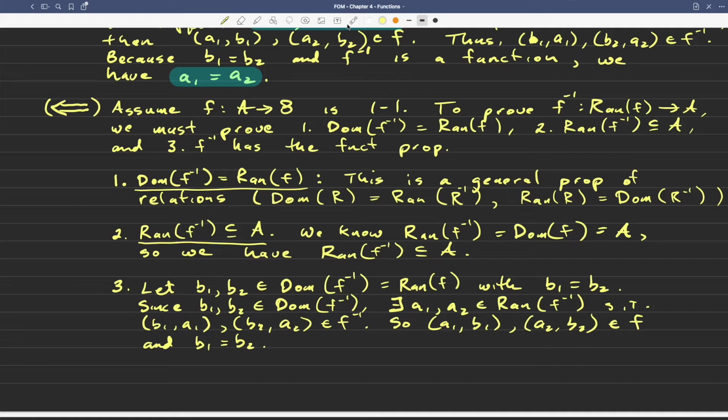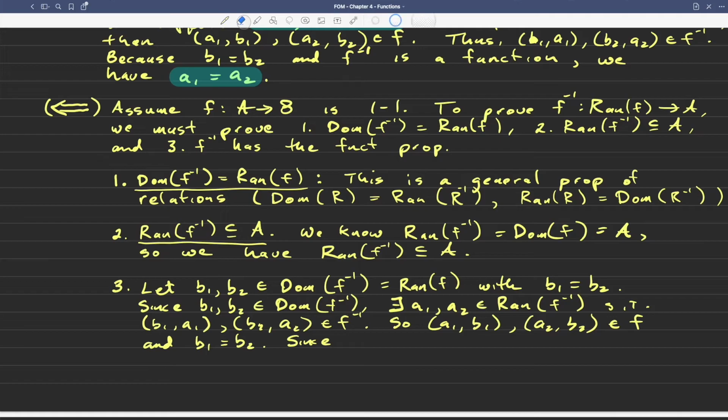So notice now we're talking about things in the original function, and those second components are equal. b1 equals b2. Well, remember, our function f is one-to-one. And when a function is one-to-one, the property is that when the second components are equal, then the first components have to be equal.